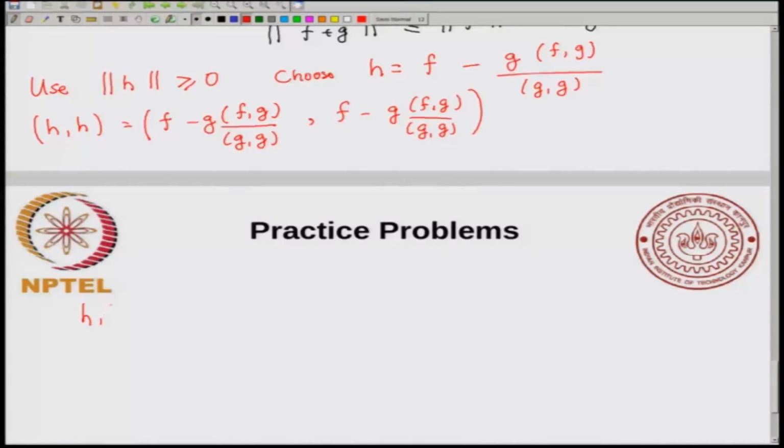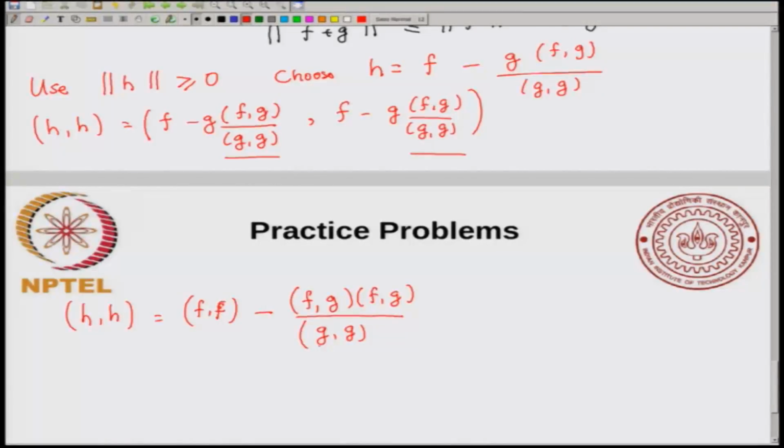What you will get is (h, h) equal to (f, f) minus... So you will get one term that takes the inner product of these two terms. I will have (g, g) and then (f, g) twice. Now one of the (g, g)'s will cancel, so I will have (f, g) times (f, g) divided by (g, g).